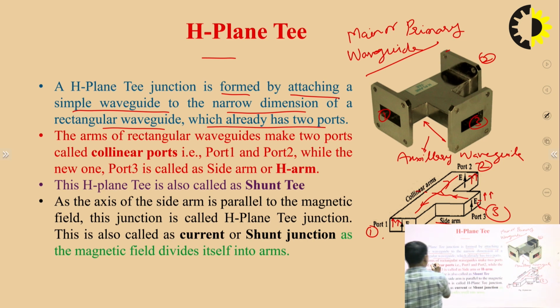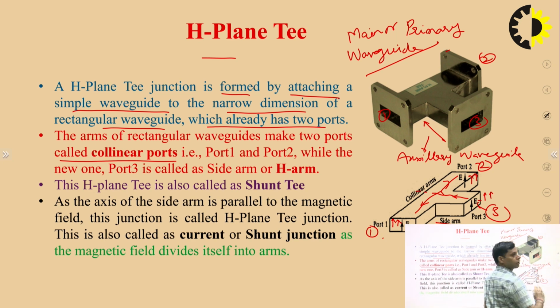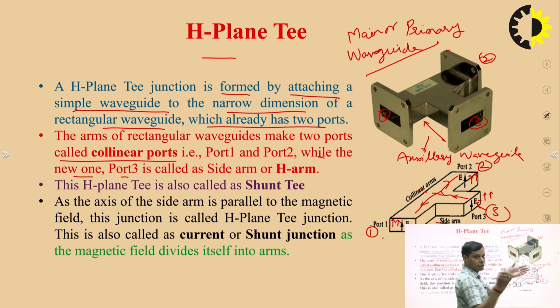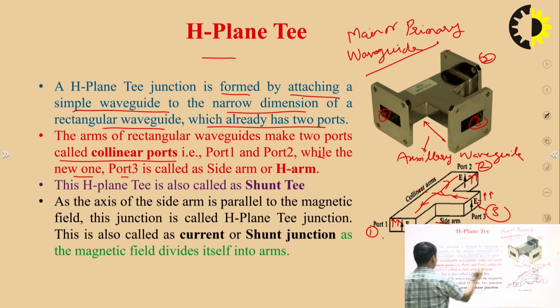The arms of the rectangular waveguide make 2 ports called collinear ports, that is port 1 and port 2, while the new port we are attaching to the main waveguide, port 3, is called the side arm or H arm.